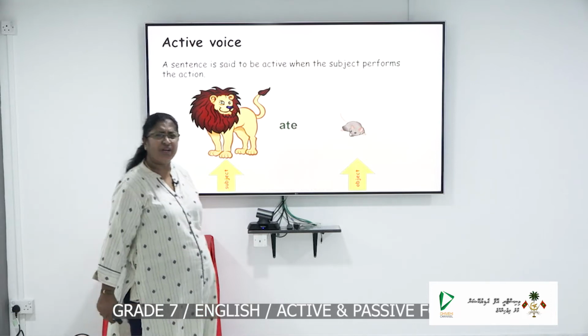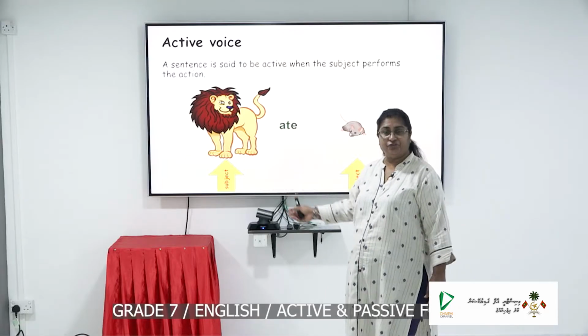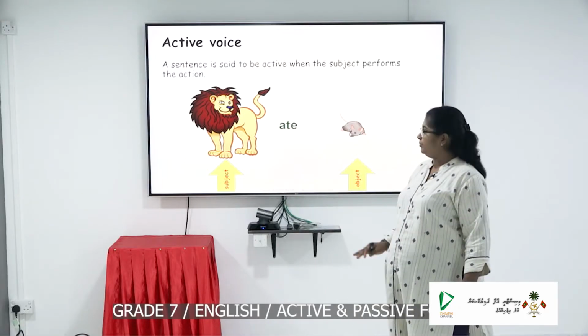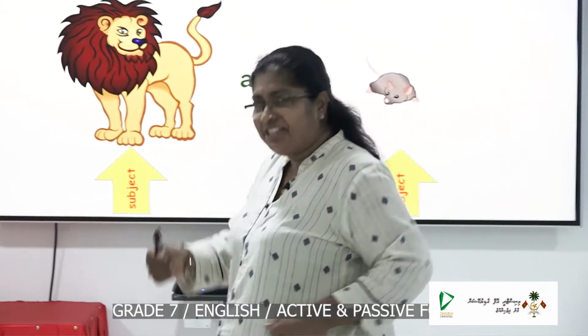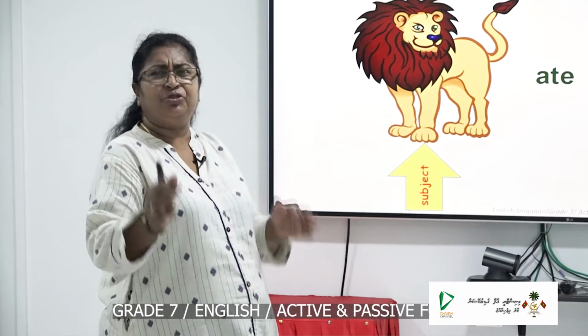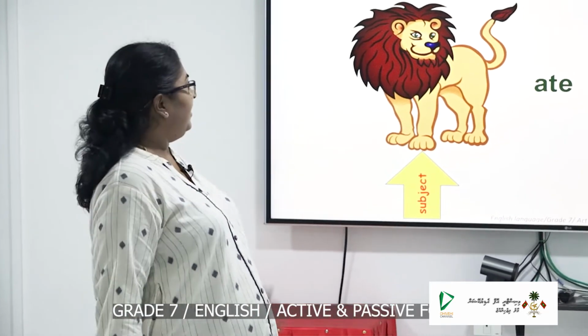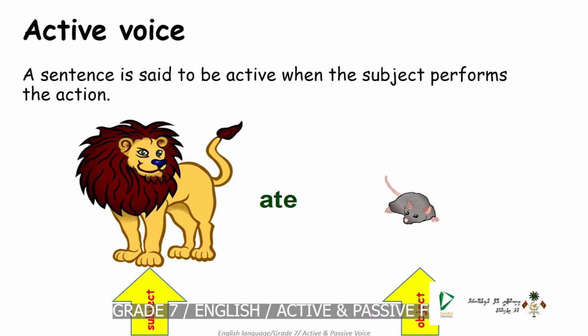Now let's know the definition of active voice. A sentence is said to be active voice when the subject performs the action. Here you can see two pictures, the mighty lion and the small mouse. Which is the subject here?